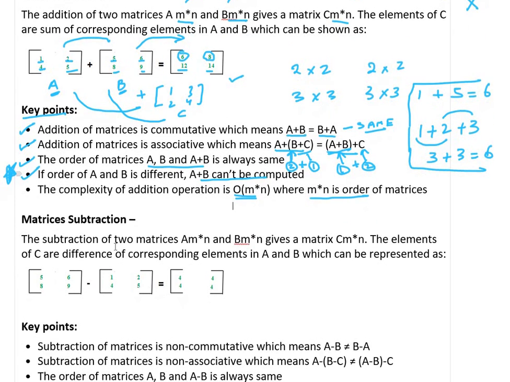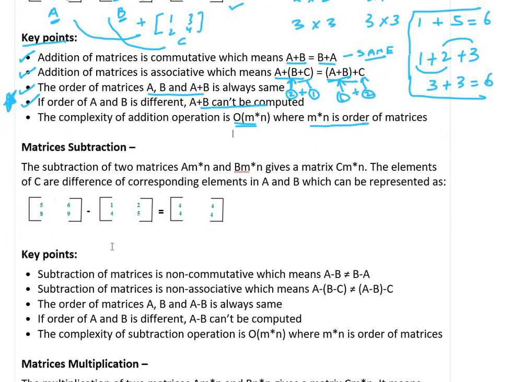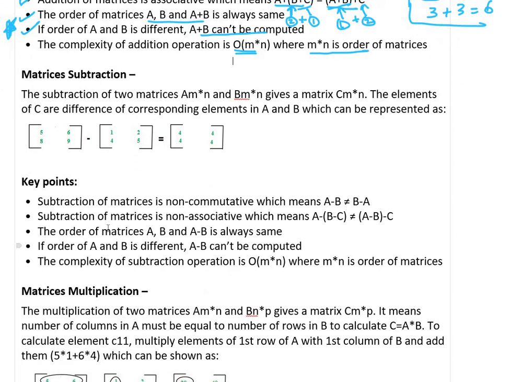So moving on further to matrix subtraction. Matrix subtraction is also similar to the basic subtraction we do in mathematics, right? Like 5 minus 1 is 4, 3 minus 2 is 1. Similarly, we just subtract the corresponding elements. If we have two 2 by 2 matrices A and B, and we have to perform the subtraction of these two matrices, we will subtract the corresponding numbers.